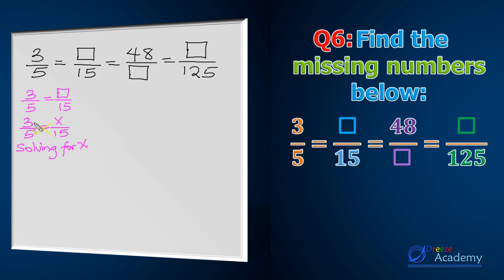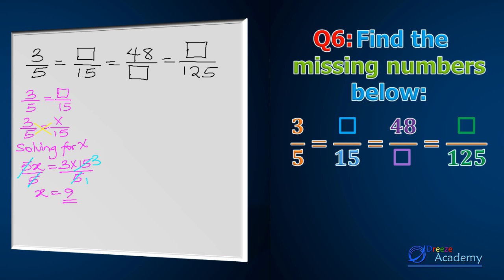Cross multiplying to find x, we'll have x times 5 equals 5x, which is equal to 3 times 15. Now, in solving for x, we'll divide both sides by 5. 5 into 5 is 1, while 5 into 15 is 3. Therefore, the missing number x is 9.